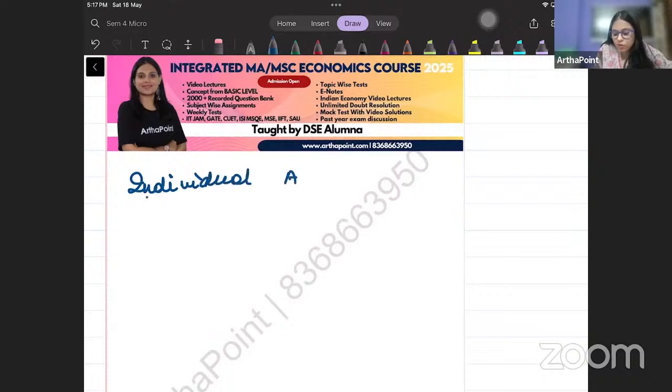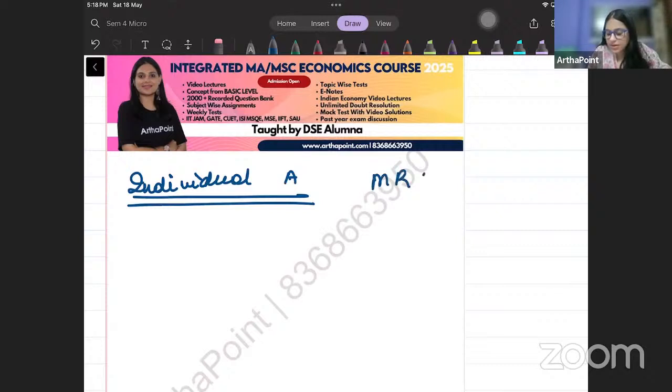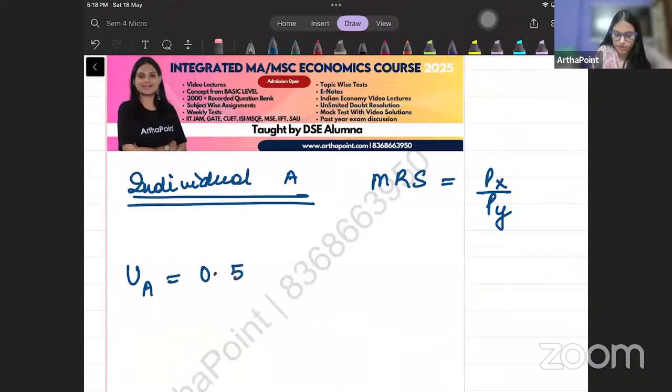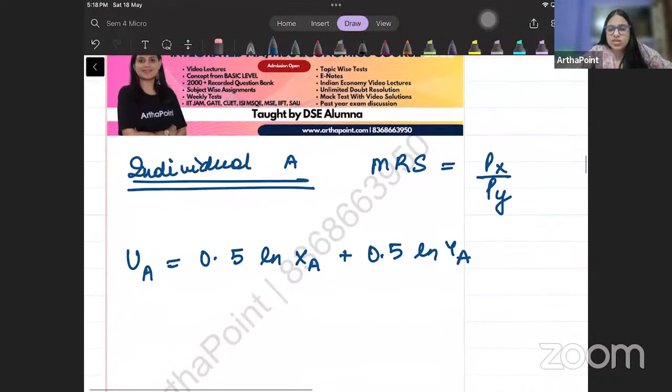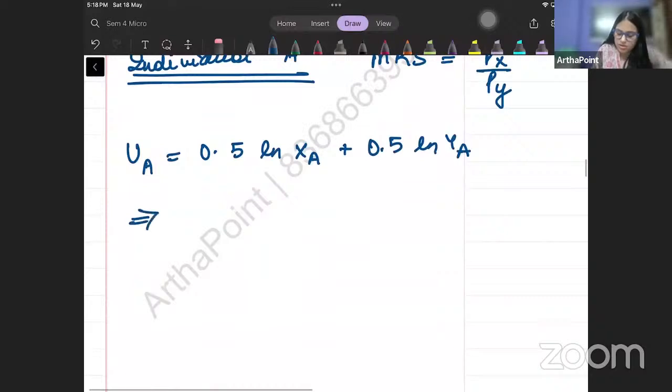Beta, because I have already proved that individual A has well-defined preferences, for individual A he has a typical indifference curve. So he will equate his MRS to the price ratio. So beta, what is the utility function of A? It is 0.5 ln XA plus 0.5 ln YA. ठीक है जी. अच्छा. From here, beta, what will be his MRS?